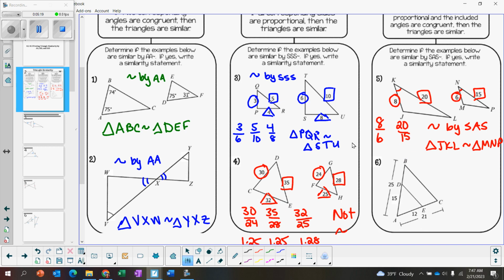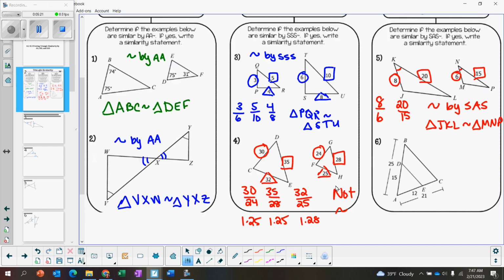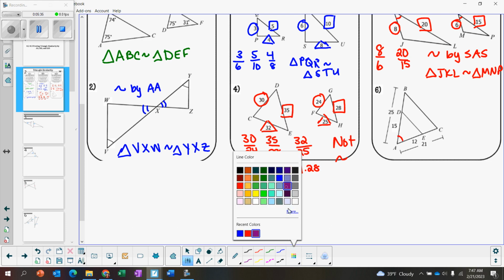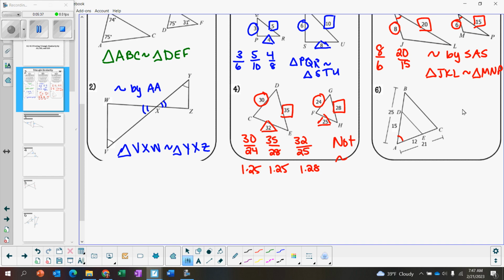All right, this last one is the trickiest one here. I generally will redraw if my pictures overlap with each other. If I look at triangle ADE and triangle ABC, both of them had angle A. That's like a reflexive or shared angle in the two shapes. One of the triangles has a side of 15, a side of 12, and this angle here.